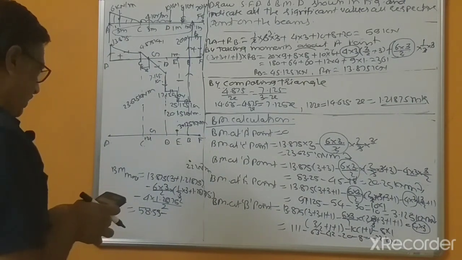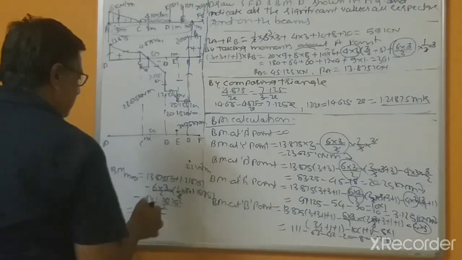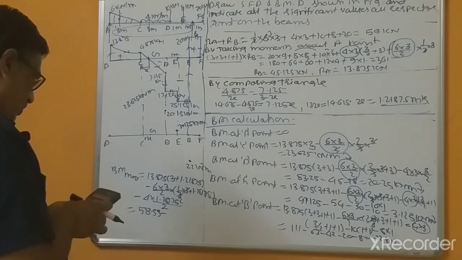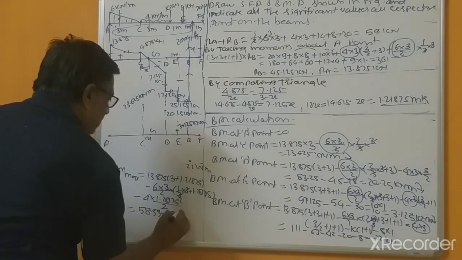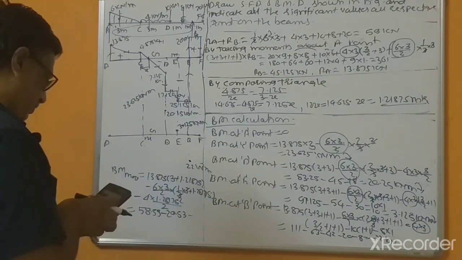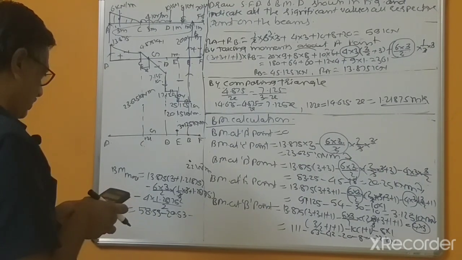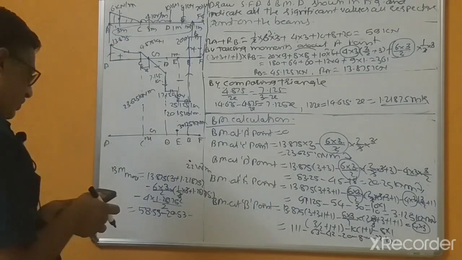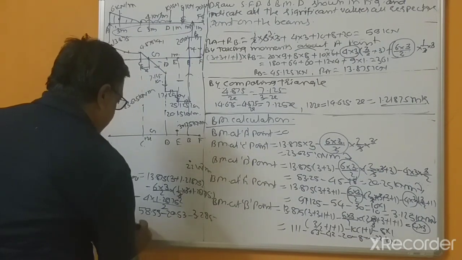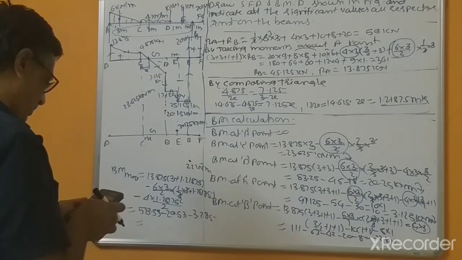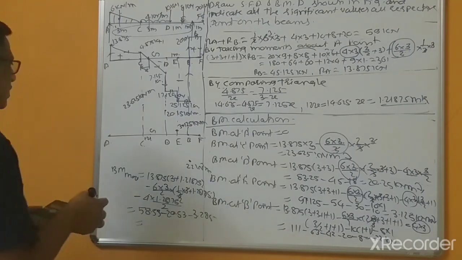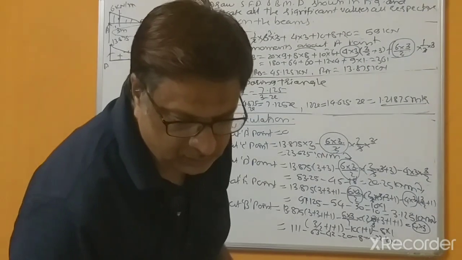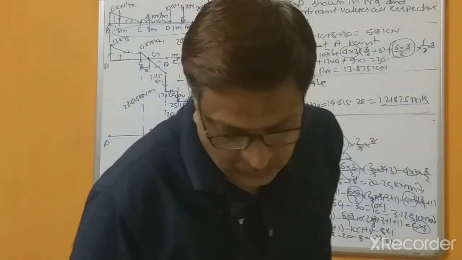Minus 9 into, this is cancelled, 2.21875, 20.53, minus 4 into 1.21875 squared by 2, 3.285. 58.53 minus 20.53 minus 3.285, this is equal to 34.715 kilonewton meter.